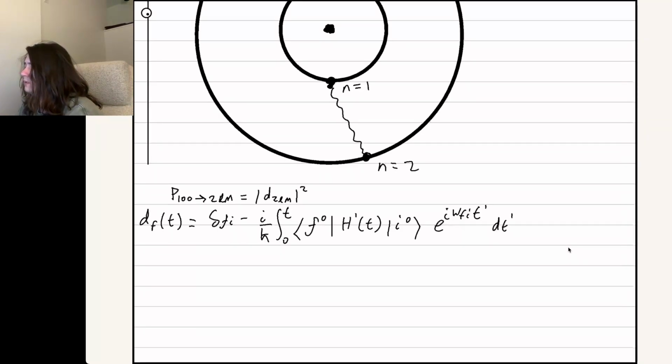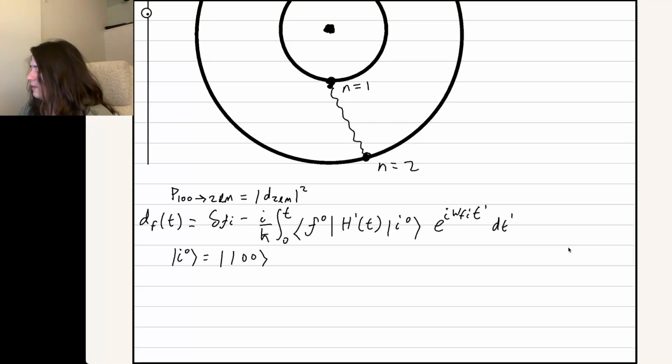So given that we know that the hydrogen atom is in the ground state, I already kind of wrote it, but we know that this ket is just the 1, 0, 0 ket for the hydrogen atom.